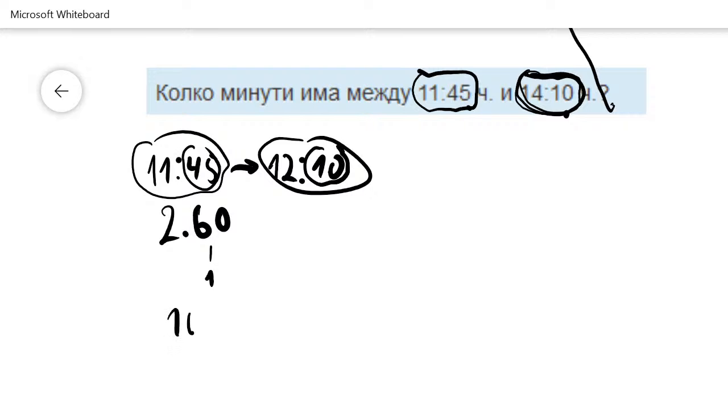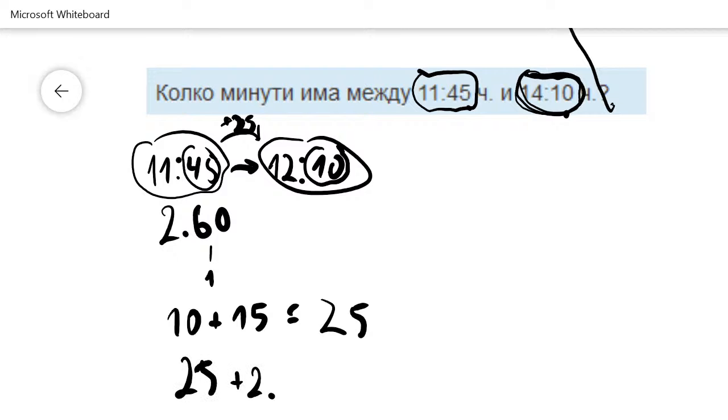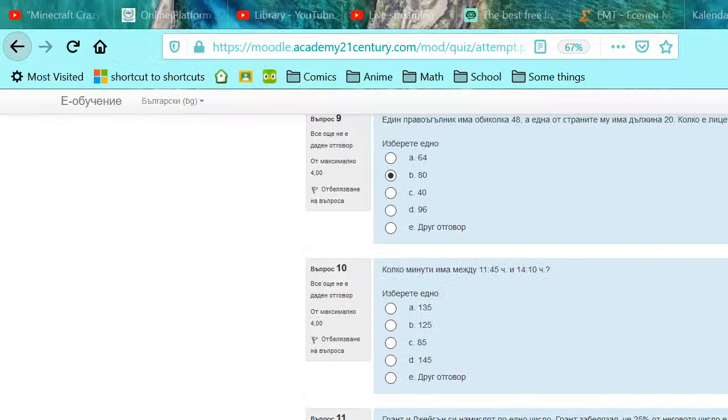So 10 plus 15 is equal to 25 minutes total. So from this to here is 25 minutes. Oops, that's ugly. Whatever. So 25 plus 2 multiplied by 60 is equal to 145. And that's the correct answer. 145. The next one.